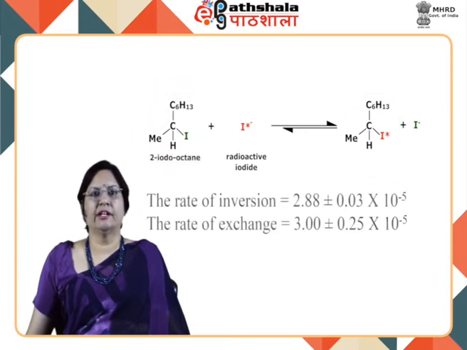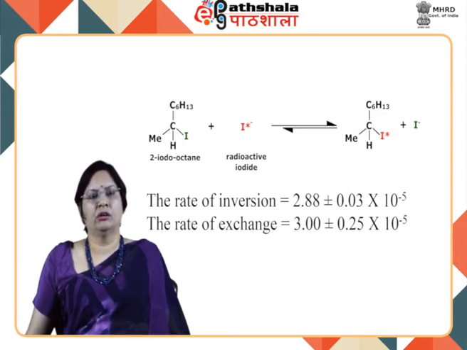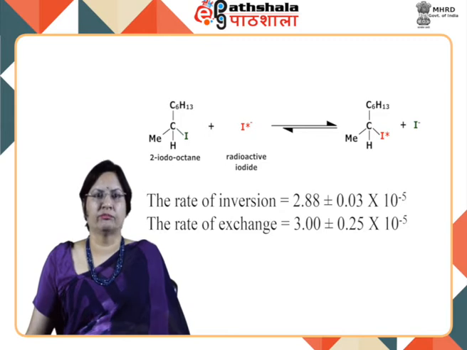And here you can see the rate of inversion is 2.88, and with these values of rate of inversion and rate of exchange you can see that they are very close.